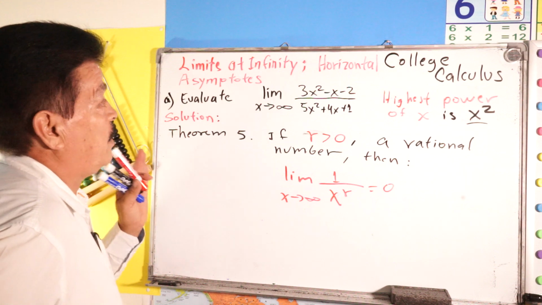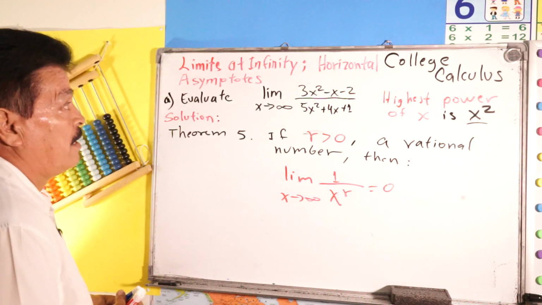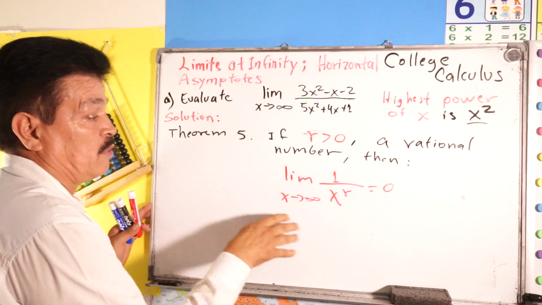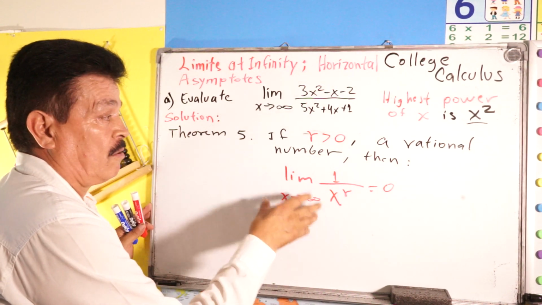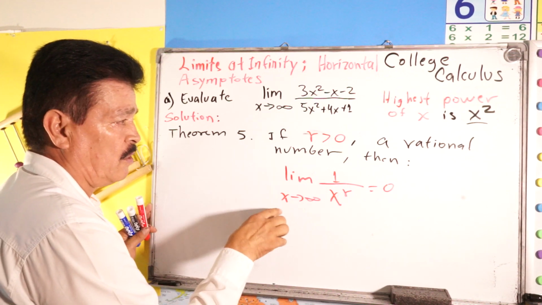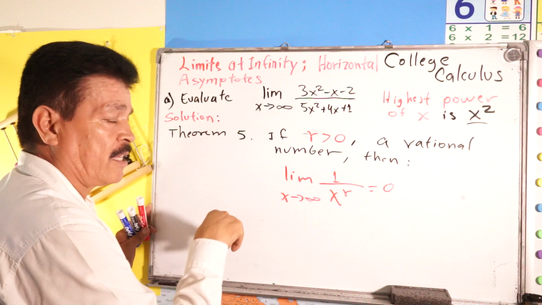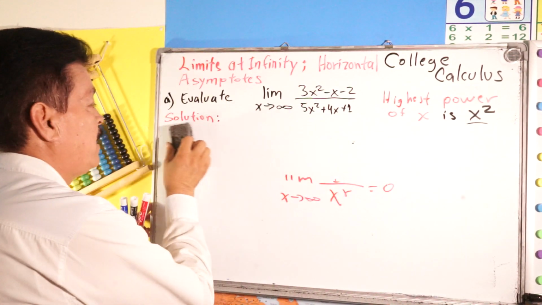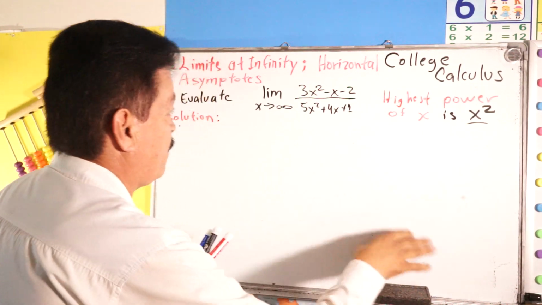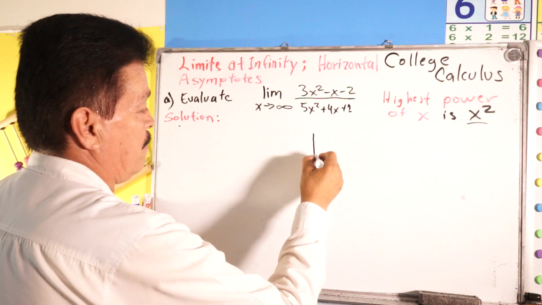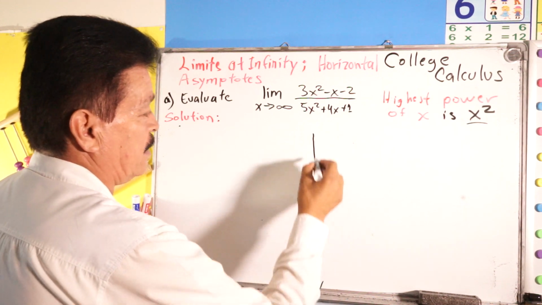Remember, when we work with limits at infinity, we use the horizontal asymptote. Keep in mind this theorem, and then you understand why we got the answer that I showed you before. Let me erase it here, and then let's do the graph. The graph is very simple.